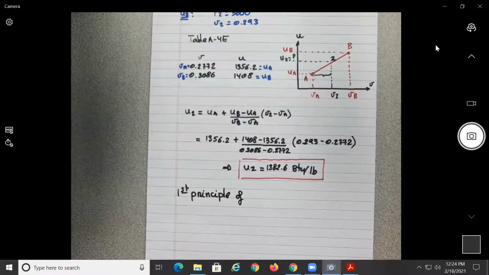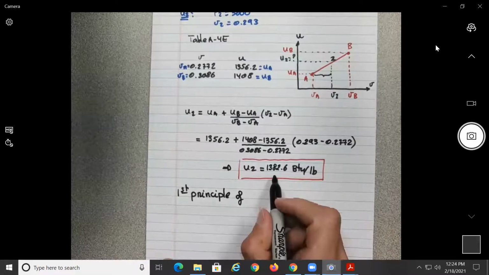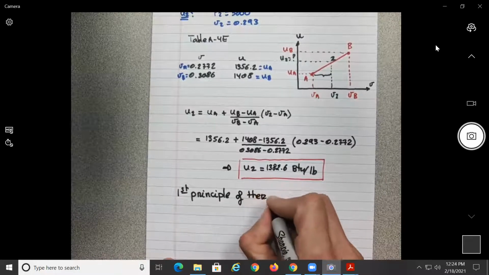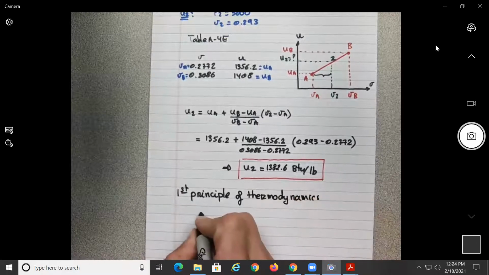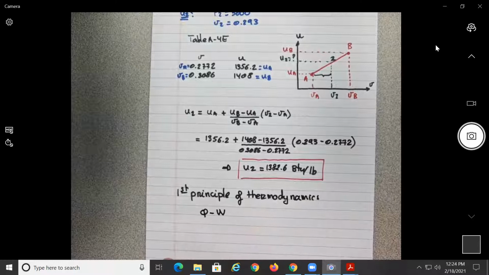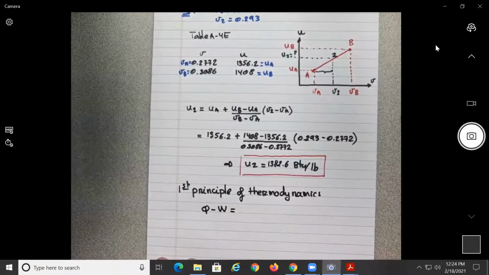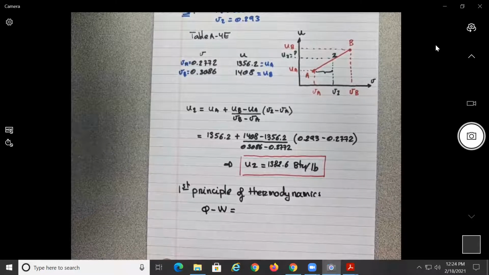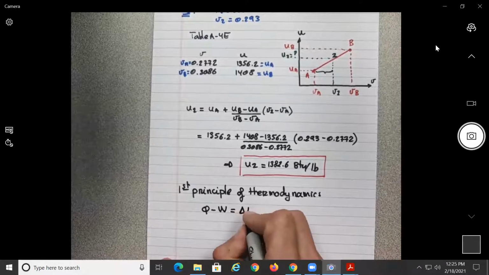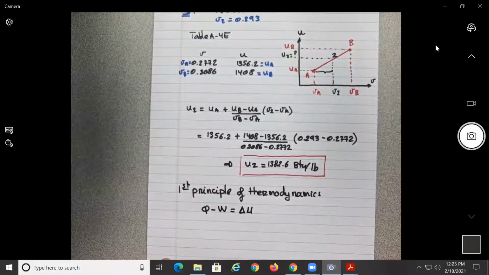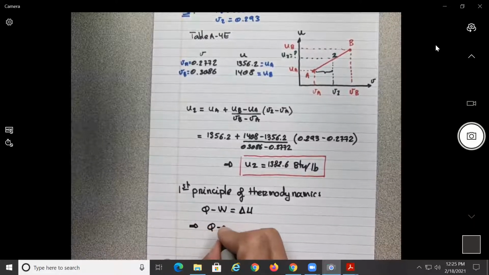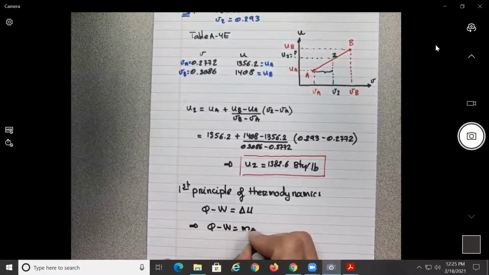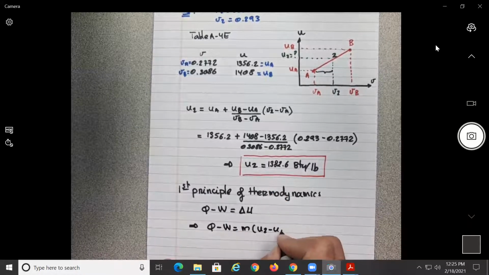So from the first principle of thermodynamics, and the value is 1382, what do we know? Heat minus work will be equal to the change in energy, but in this part we are neglecting kinetic and potential energy. All right? So that will leave you with just the change in internal energy. So let's say Q minus work will be equal to M times (U2 minus U1).